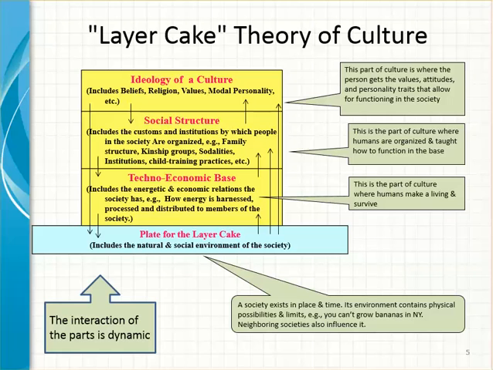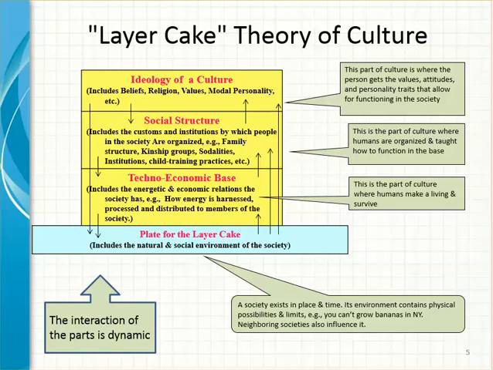Now, the third layer of the cake, the top layer, is referred to as the ideology of a culture. Sometimes these three layers are called the base, the structure, and the superstructure: the techno-economic layer is called the base, the social structure is called the structure, and the ideology is called the superstructure. But whatever you want to call them, cultures have these three areas.